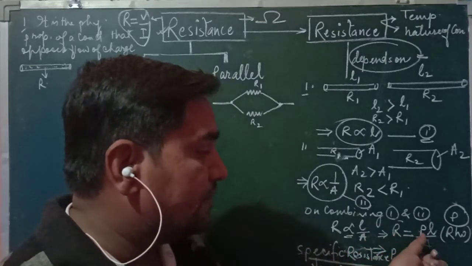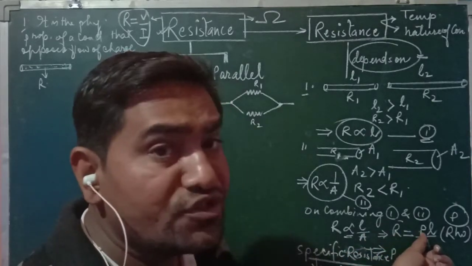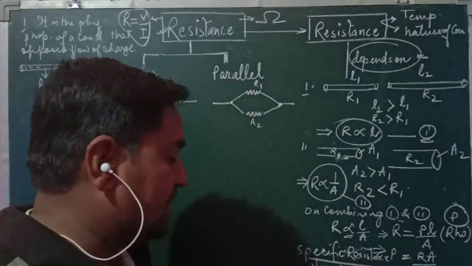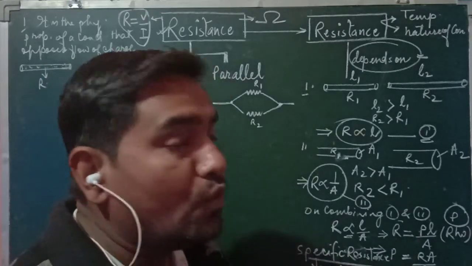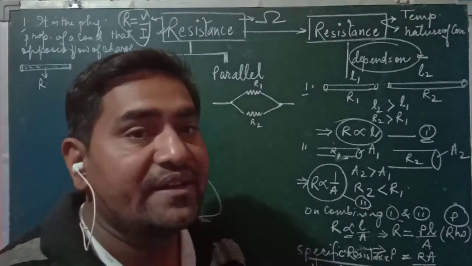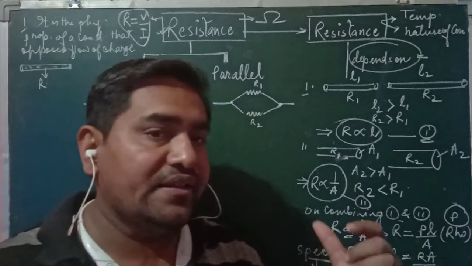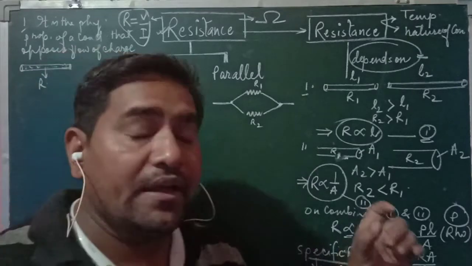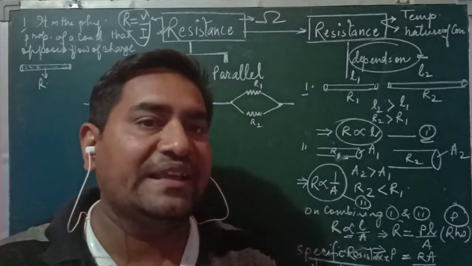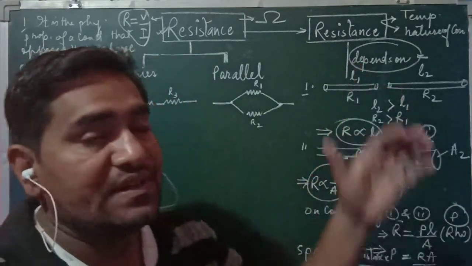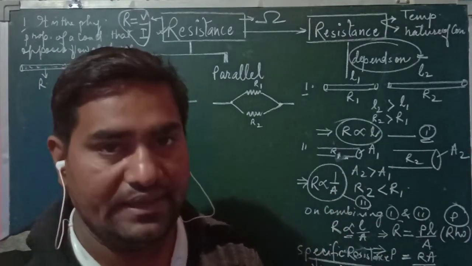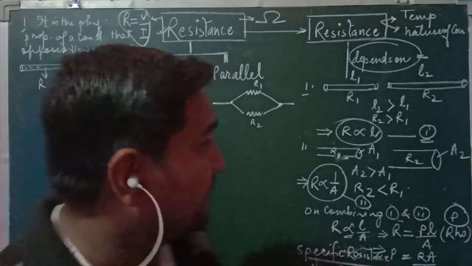So here this rho, as I have used as the constant of proportionality, indicates the specific resistance whose SI unit is 1 ohm meter, and that is also known as the resistivity. Where I told you that resistivity does not depend on the length or area. It is the specific resistance of a material, whereas the resistance is directly proportional to length and inversely to cross-sectional area.